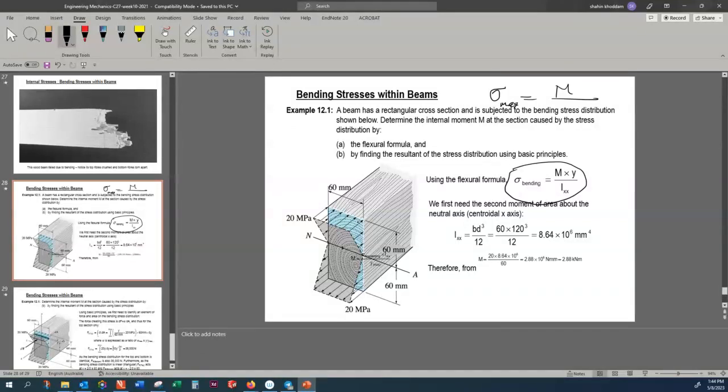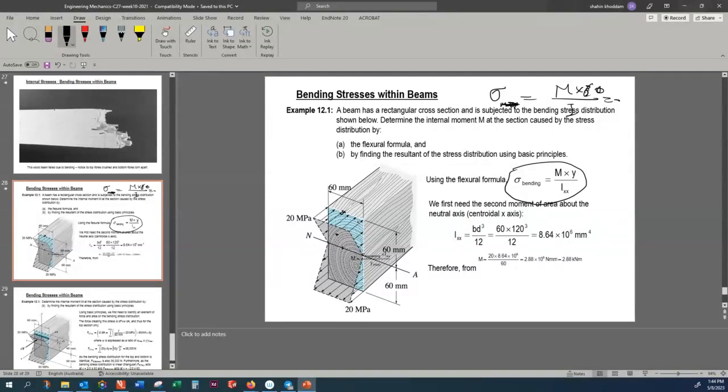What is the distance of this point from the neutral plane? That is 0, so at this point my stress would be 0. This is not the maximum stress. If I pick a point here, y would be something like 30. That is not maximum. If I pick the point at the outermost, y would be 60.